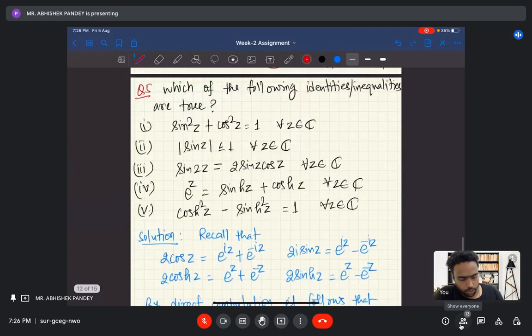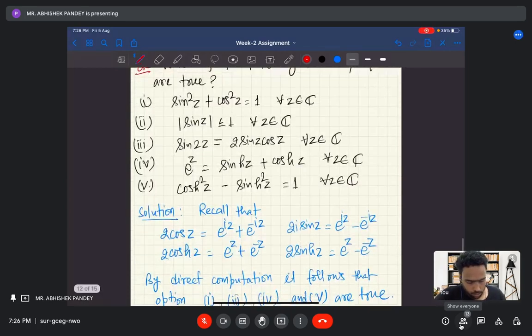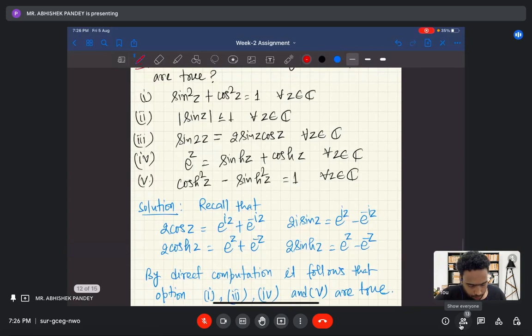Now the fifth question is, which of the following identities/inequalities are true? Recall that these are the options. Recall the definition of cos z, cosh z, sin z, and sinh z.